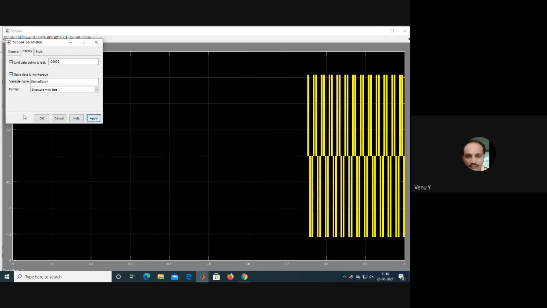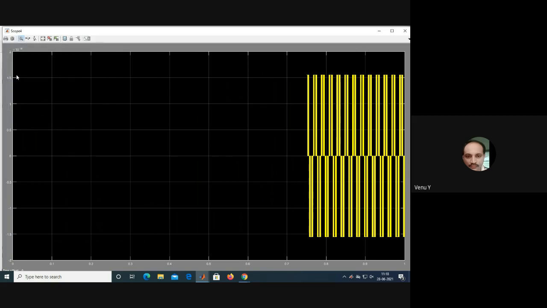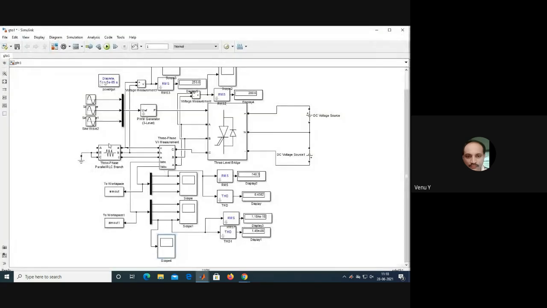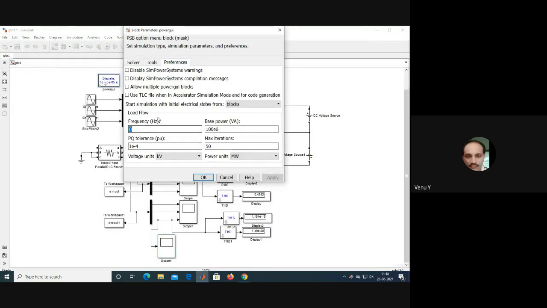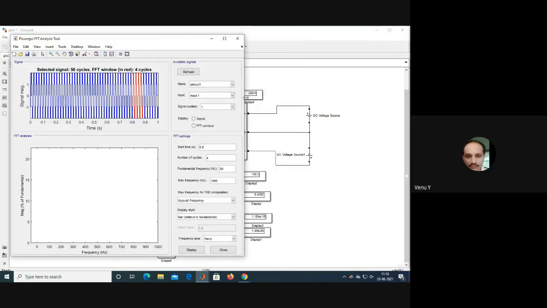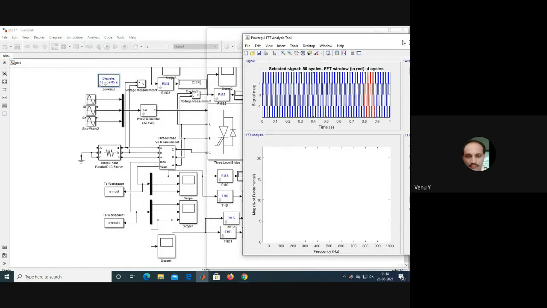Structure with time, apply and OK. Now let us look at this. 50 Hz. Tools, FFT analysis. And this is scope 4.